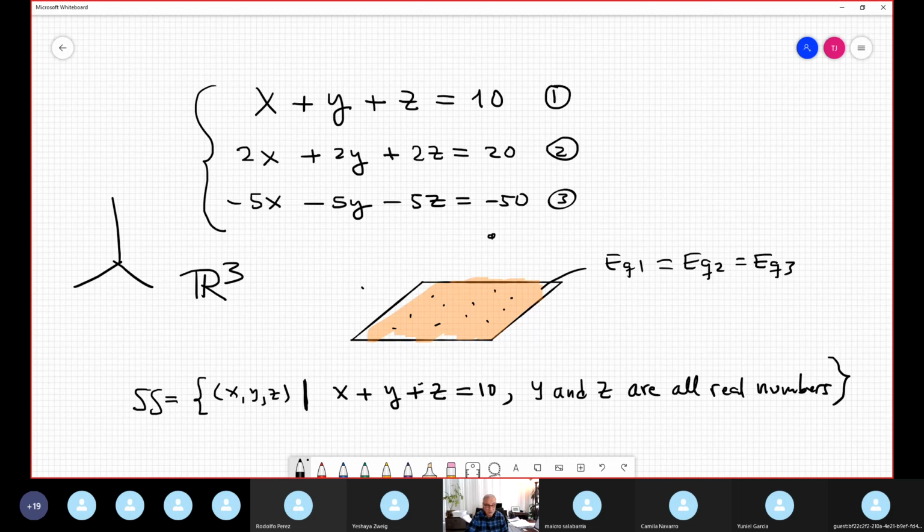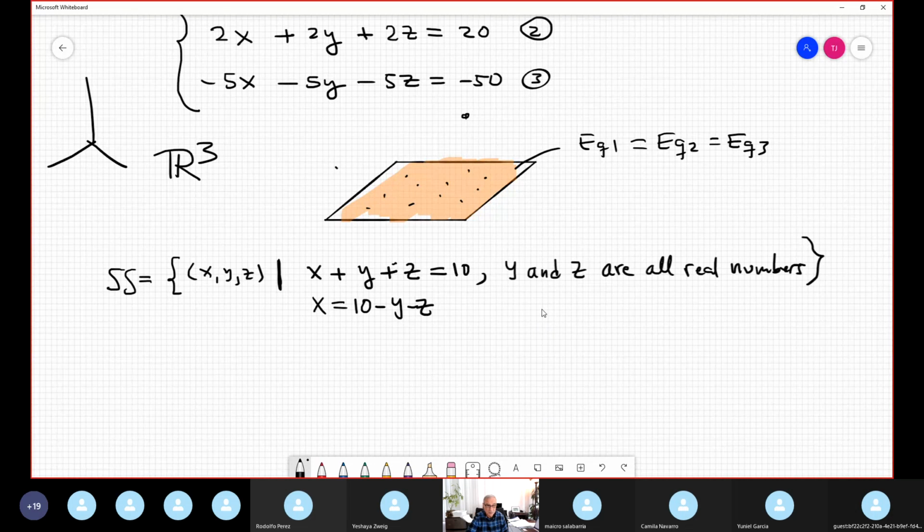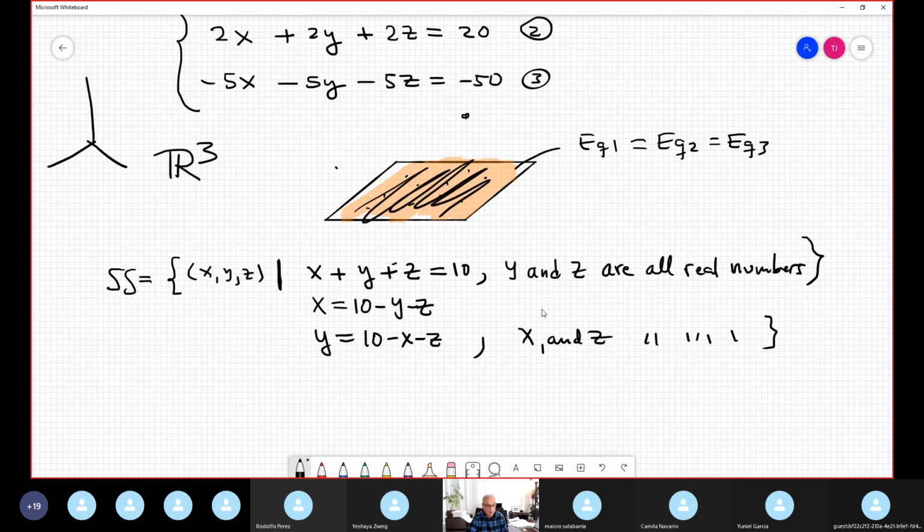For example, some people prefer to isolate x, and the rest is okay. Or some people prefer to isolate y, and declare that x and z are free variables. We are talking about the same object. Super clear?